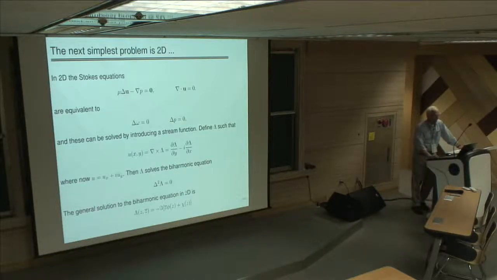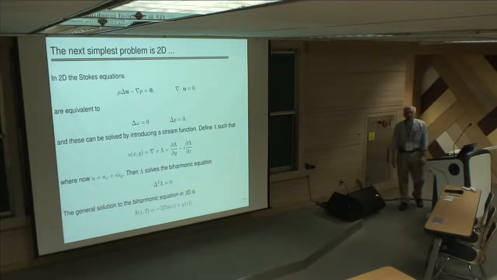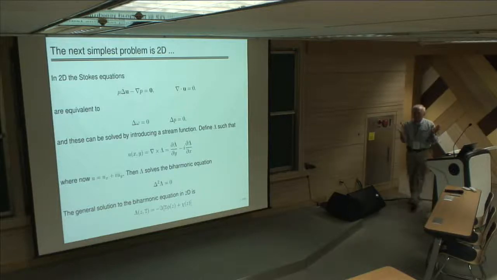And again, the idea is to start with this set of equations, Stokes equations and the divergence-free condition. Those are equivalent to the vorticity and the pressure being harmonic. That means you can introduce a stream function that satisfies this equation, defined this way, and satisfies the biharmonic equation. And the nice thing about that is that the solution of the biharmonic equation has been known since Goursat's time.